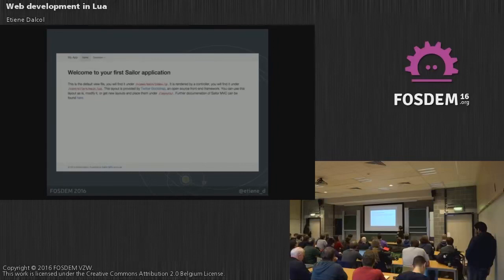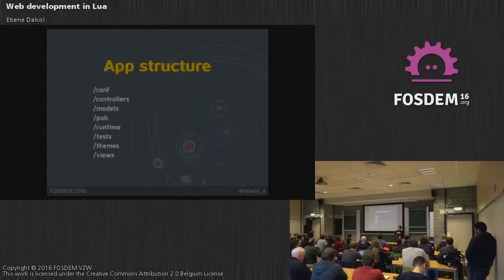But yeah, it feels nice. And this is the structure it will have. So you have a place for configuration, controllers, models, public stuff, things created at runtime, tests, themes, and views.